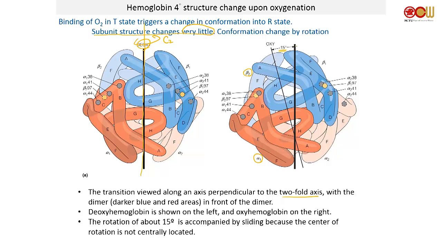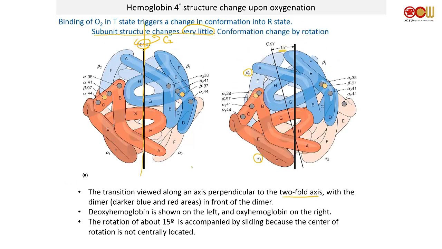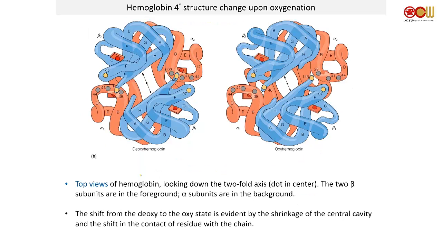And what the sliding does for you is that it's going to cause some changes. This picture right here is essentially a side view. The axis of symmetry is like that, and we're looking at it from the side. If we look from the top down, the axis of symmetry is going in and out of the picture.